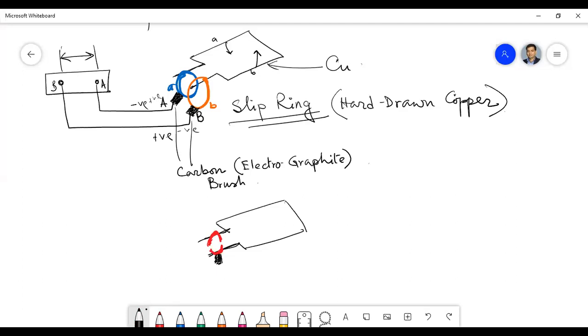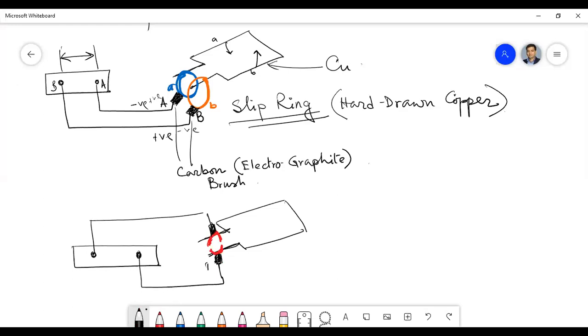Here also we need the contacts, which are called the brush. Then these two contacts will be connected with the static terminals at the output. This is the terminal box where we can connect some load, but here we have not connected any load, so these are open.